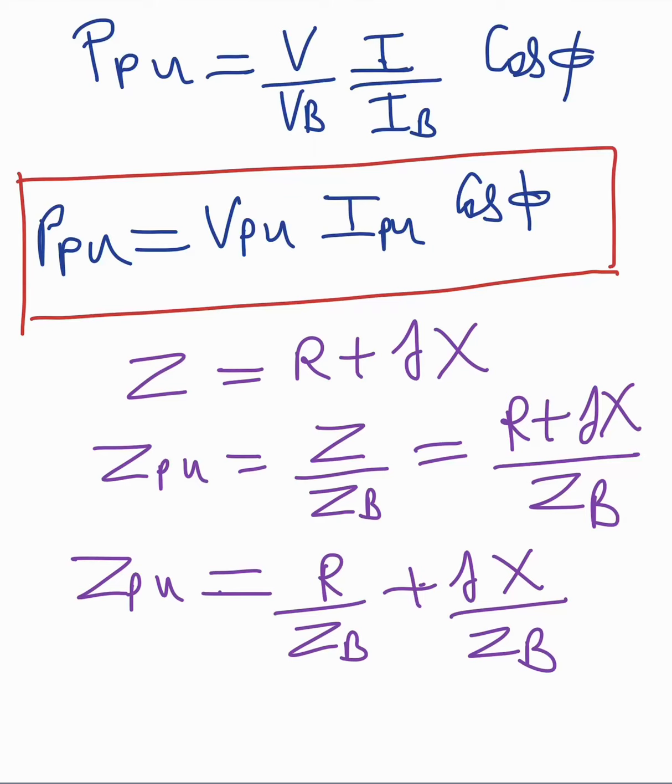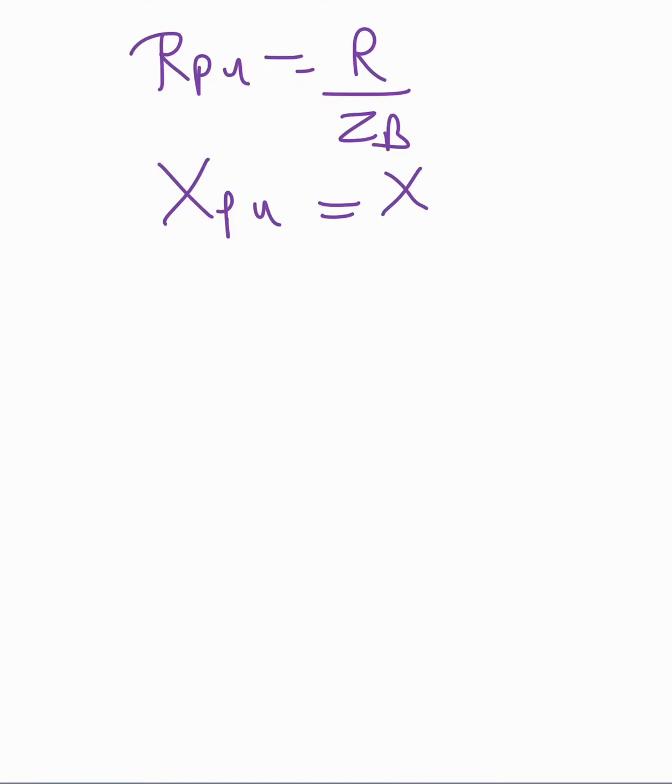So Z per unit is equal to R per unit plus JX per unit, where R per unit is equal to R upon ZB, and X per unit is equal to X upon ZB. So that is important for this.